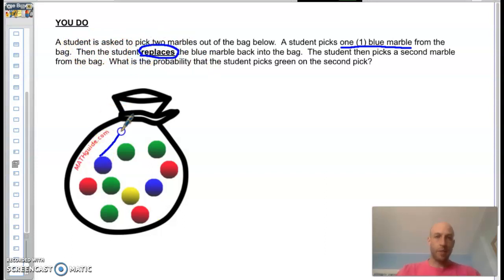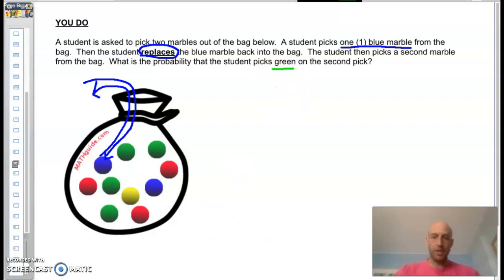So the blue marble comes out in the first pick, but then it goes right back in before the second pick. So we have the same amount of marbles for the second pick as we did for the first pick, right? The student then picks a second marble from the bag. What is the probability that the student picks green on the second pick?